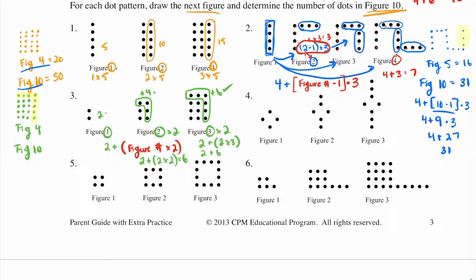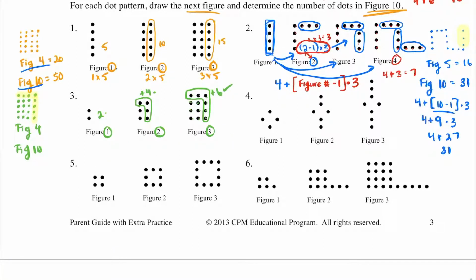All right, so 2 plus 6, that equals 8. Let's double check to see if we have 8 dots here. 1, 2, 3, 4, 5, 6, 7, 8, 9, 10, 11, 12. Okay, maybe not. I don't think this rule is going to work. So that's okay. We're going to try again.